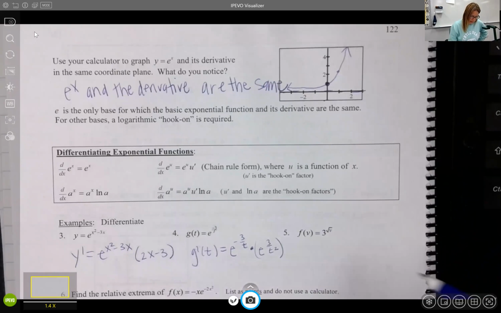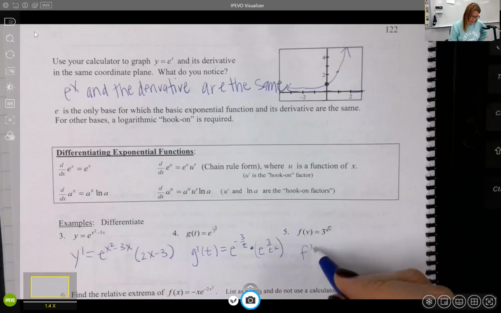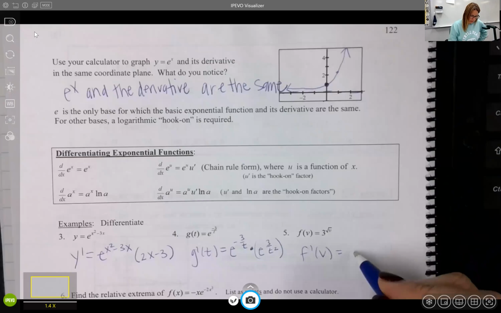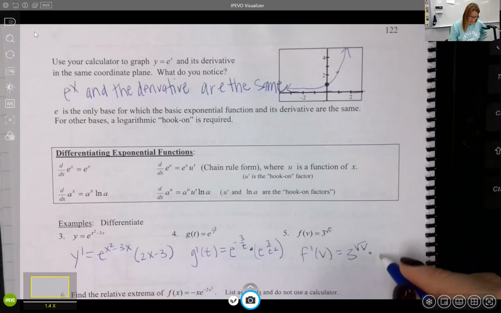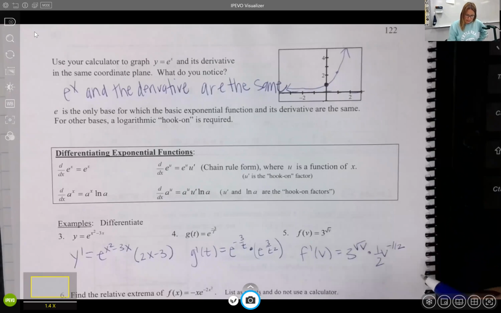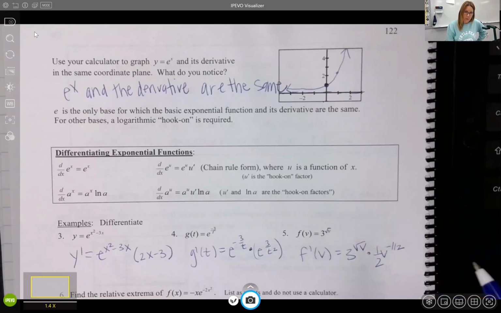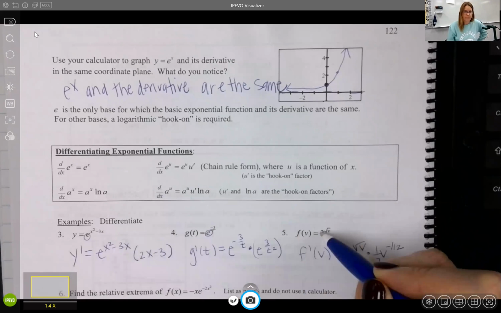Okay, and then here we've got 3 times the square root of e, times this, the derivative of the square root of v is 1/2 v to the negative 1/2. Now, something that you have to notice here: this was an e, this was an e, this is a 3.